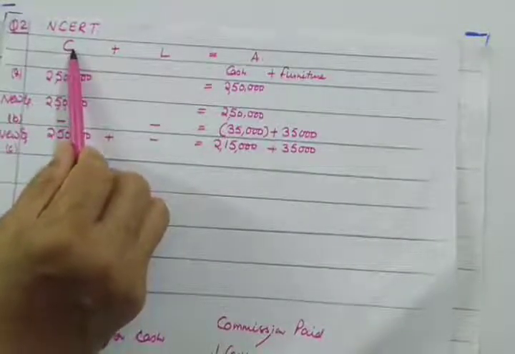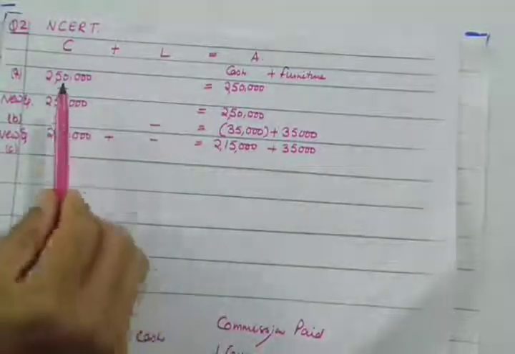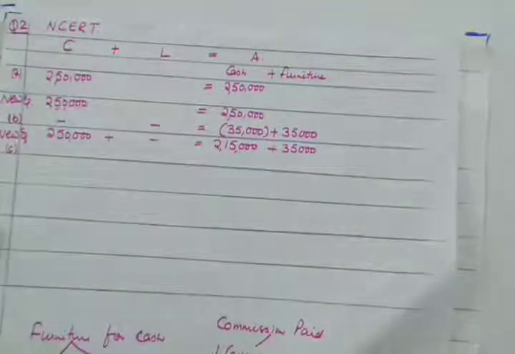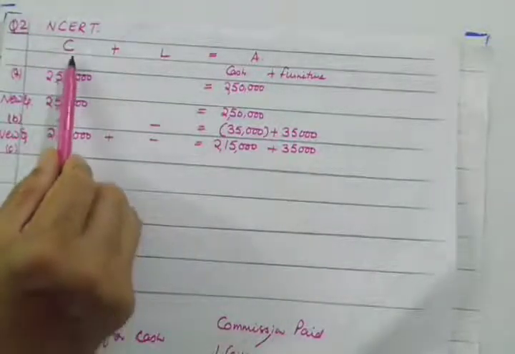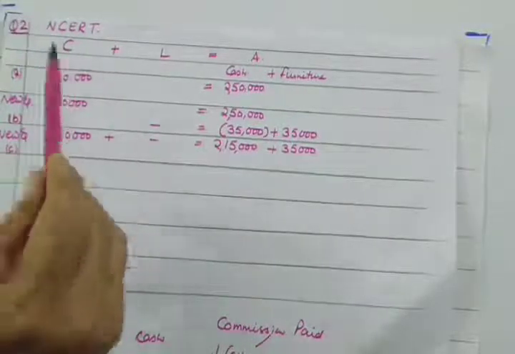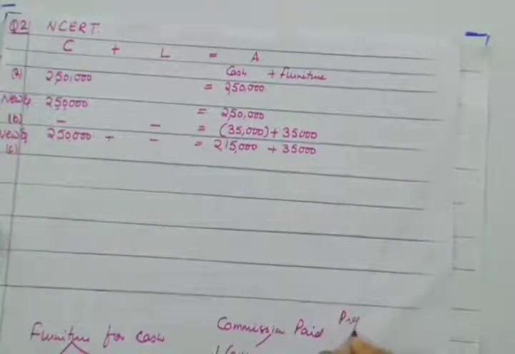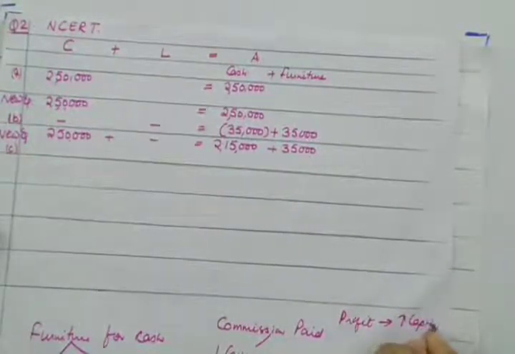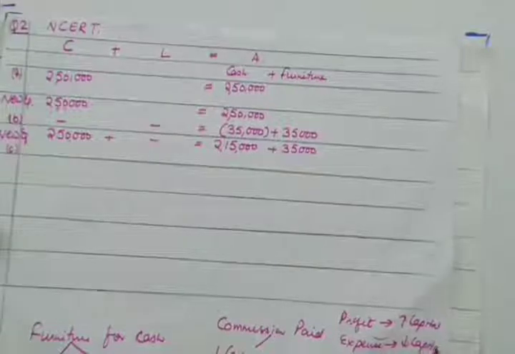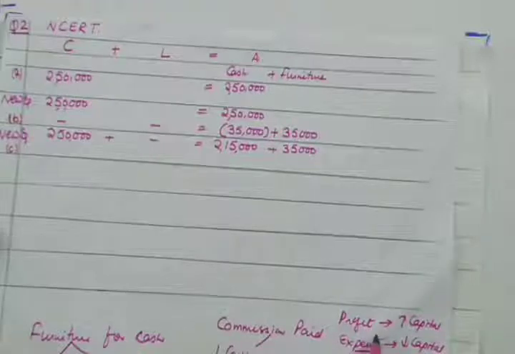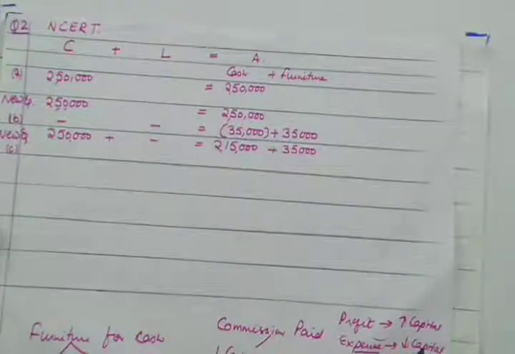You will reduce your capital with the expense. The reason is that profit is added to the capital, means profit increases the capital, while expenses will decrease your capital. Why? Because expenses will reduce your profit, so automatically your capital will decrease.